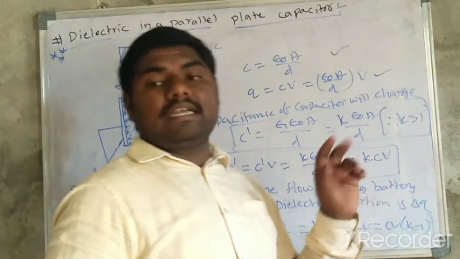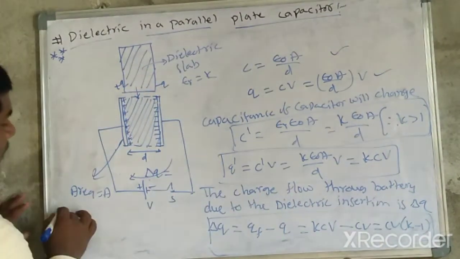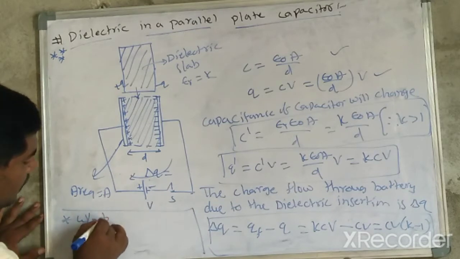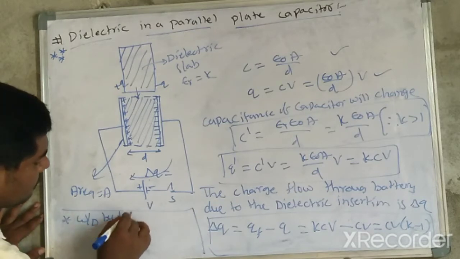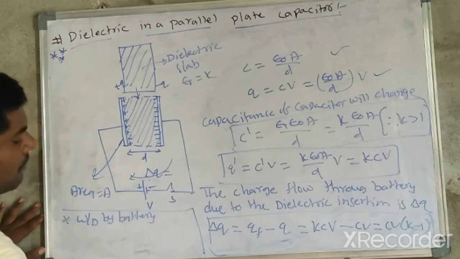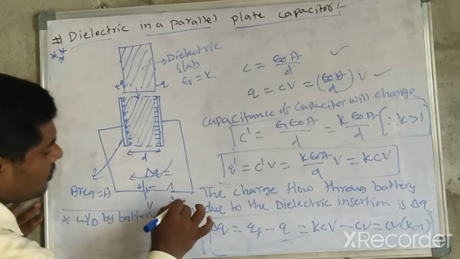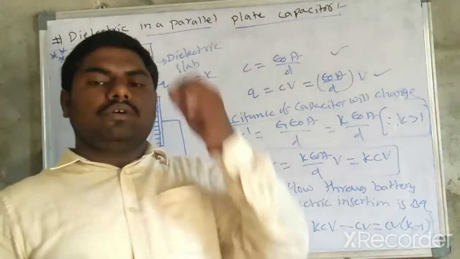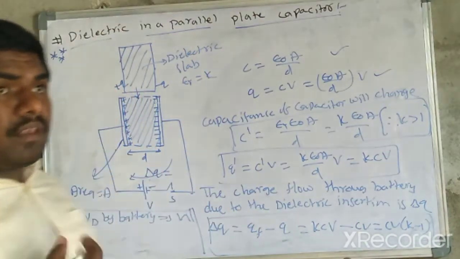Here work done by the battery, one more important point. Work done by the battery, let us consider W, is nothing but charge into potential.